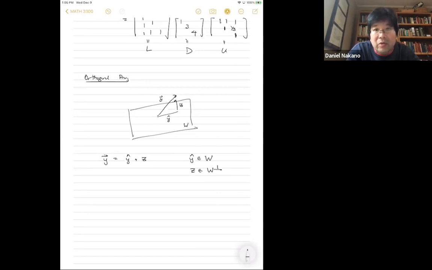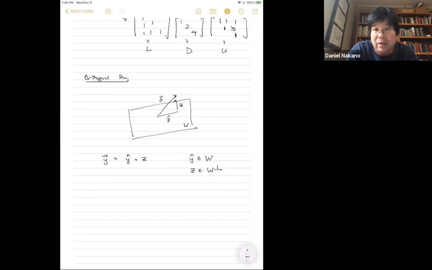Sometimes a problem will say, write y as something in W and something orthogonal to W. If that's what you want, then you write the decomposition using the projection formula.